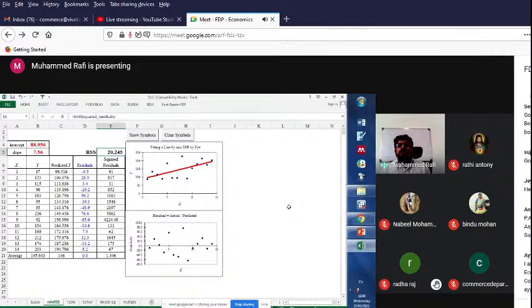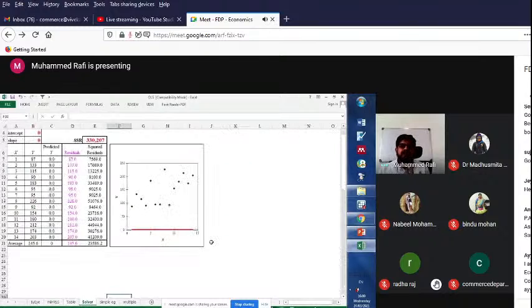Now, if you can find a value for beta 0 and beta 1, which is actually minimizing the residual sum of square, then you get the best fit line. Now what I'm going to do is that I'll go for the solver where I try to minimize the residual sum of square.